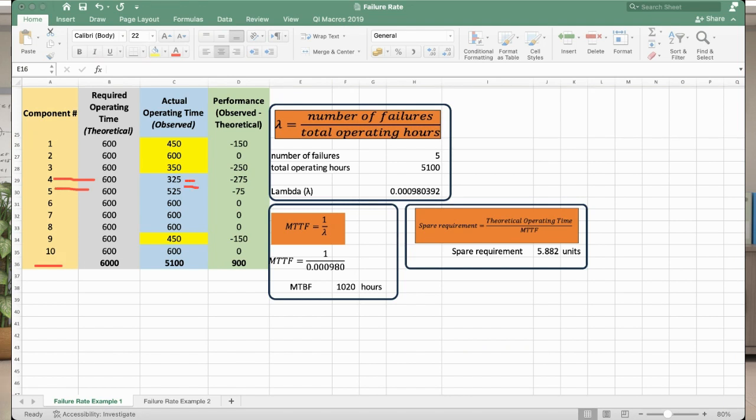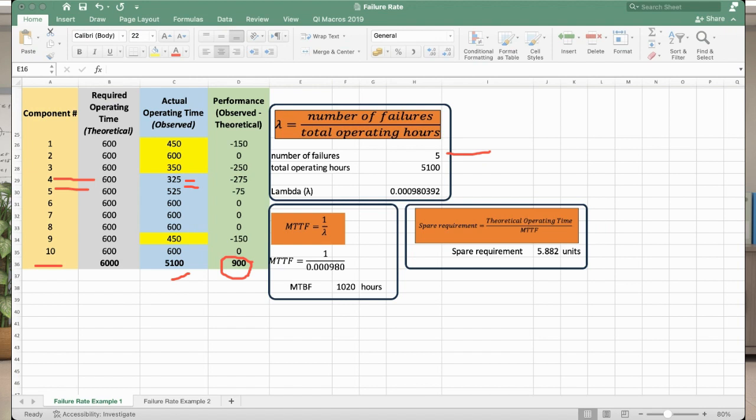As you see here, the number of failures is again the same 5, but the actual operating hours increased from 4,200 to 5,100 now.